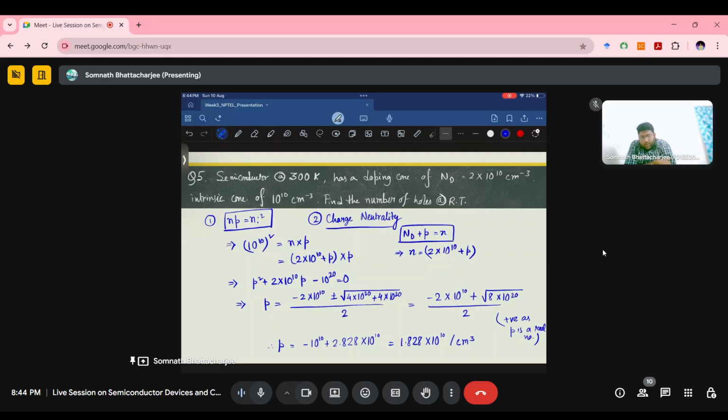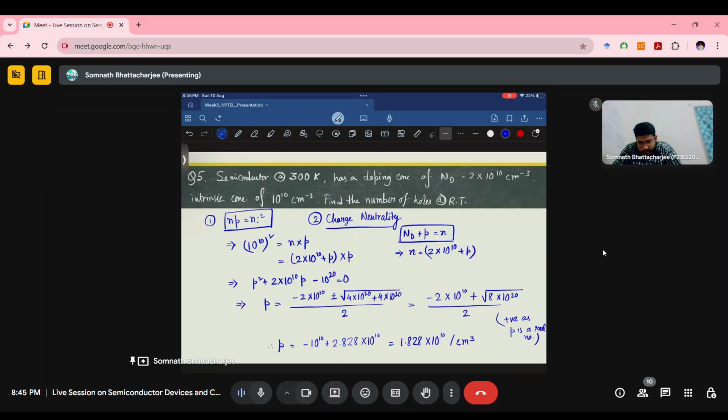Please recheck this value. I guess there is some miscalculation from my side, but I'm not able to find that. Oh, okay, okay. I got this.